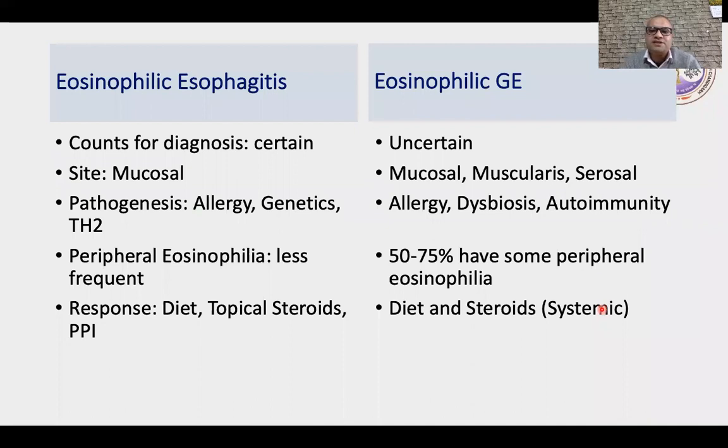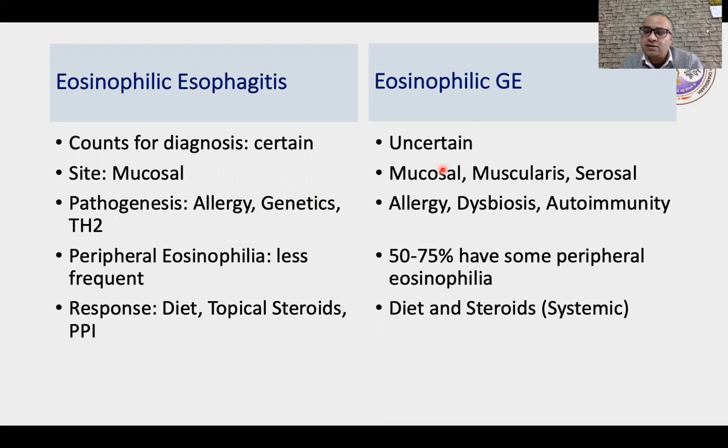Now, there are a few differences between eosinophilic esophagitis and gastroenteritis. Esophagitis is primarily recognized as a mucosal disease, but we know that gastroenteritis could involve the mucosa or the muscularis or even the serosa. The counts for diagnosis of esophagitis are pretty certain. More than 15 is consistent with eosinophilic esophagitis, but not so for gastroenteritis.